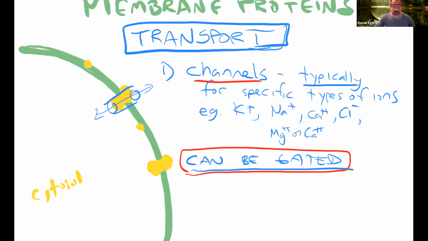If this was a potassium channel and there's a lot of potassium, all else being equal, the potassium is going to move from high to low concentration. A gated channel is a channel that has a gate on it, meaning there's something that can open or close it. So these can be open or closed.